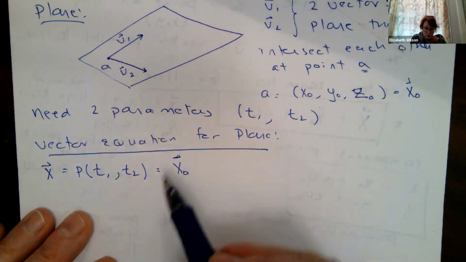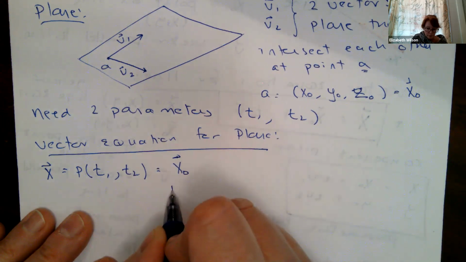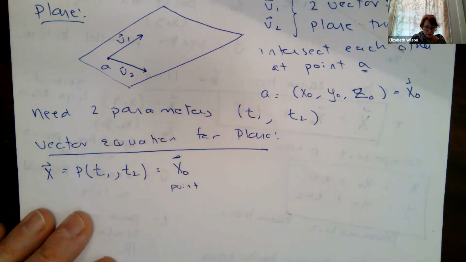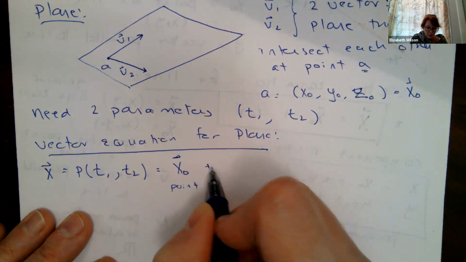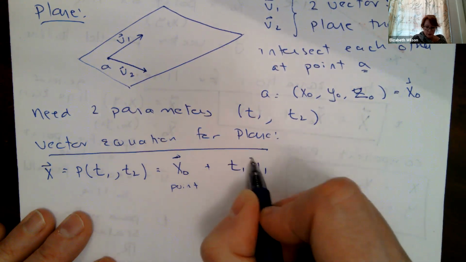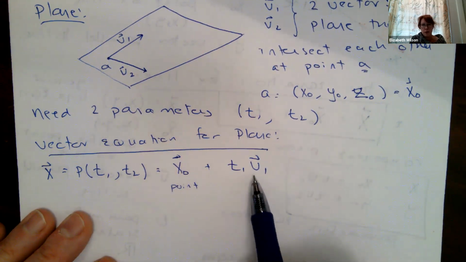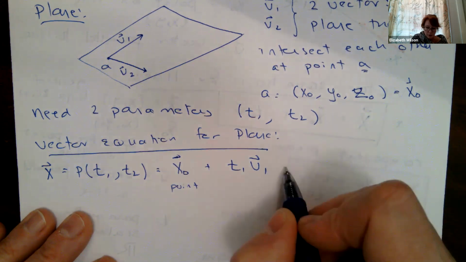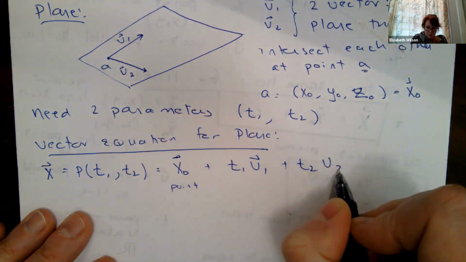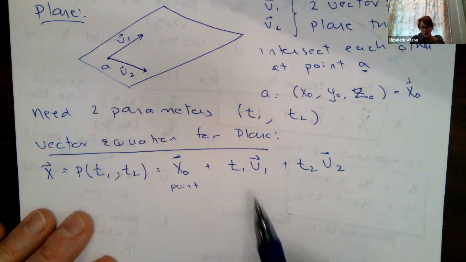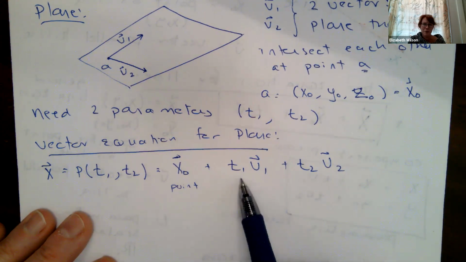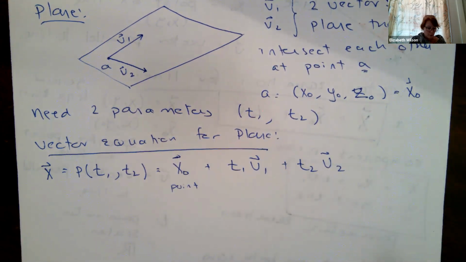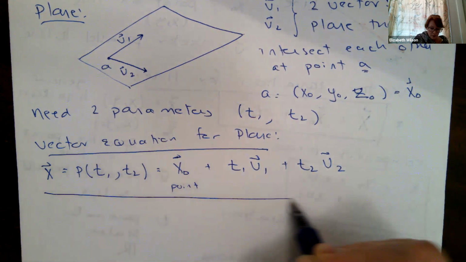X naught is our point on the plane, plus T1 V1. T1, our first parameter, is associated with our first vector, plus T2 V2. It's arbitrary. I could have put T2 in front of V1. It just makes more sense to have them have the same subscript.